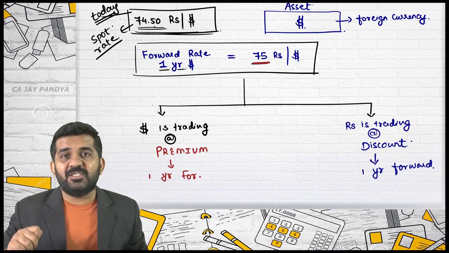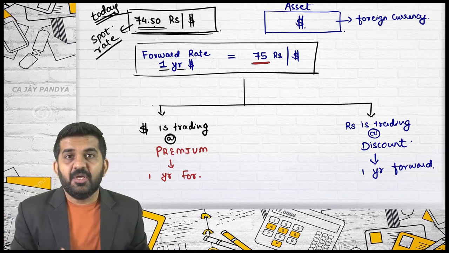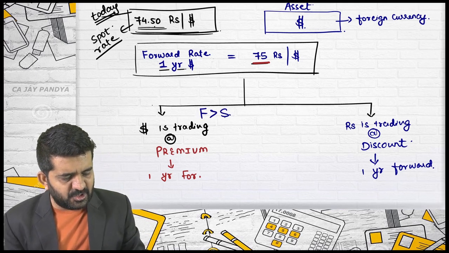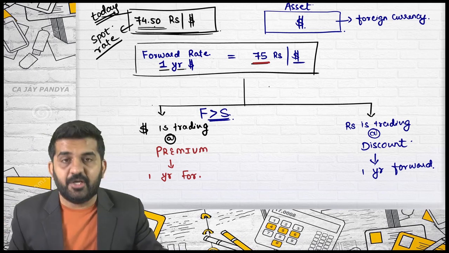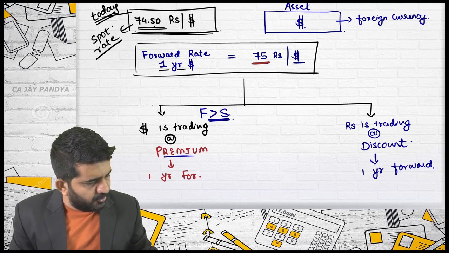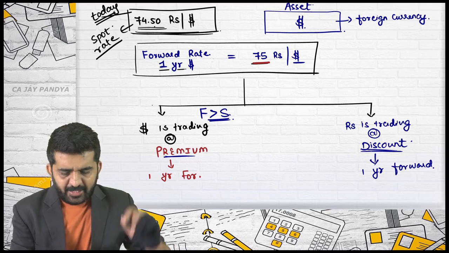So rupees is trading at discount and dollar is trading at premium. If the forward rate is higher than spot rate of a particular currency, this currency, here dollar, is at premium. And if dollar is at a premium, rupee will always be at discount. That's right.